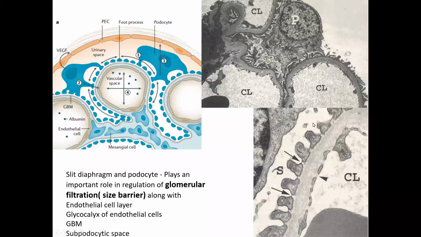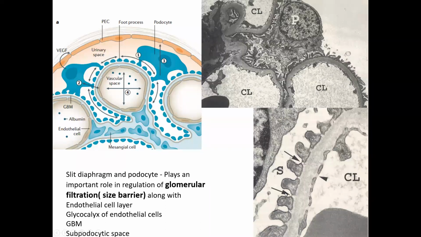This is the ultrastructural view. One can see the podocyte, the nucleus of the podocyte, and from these podocytes there are processes arising: primary processes, secondary processes, and finally the foot processes coming and impinging on the glomerular basement membrane.